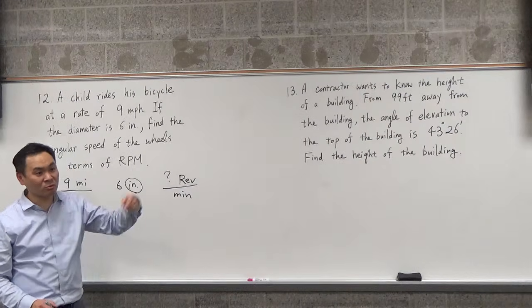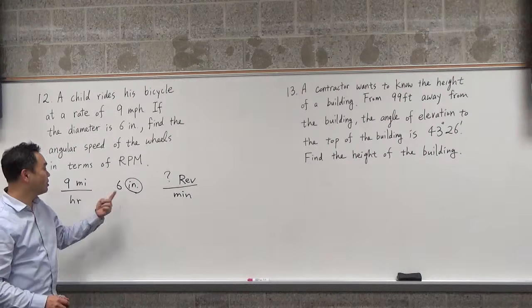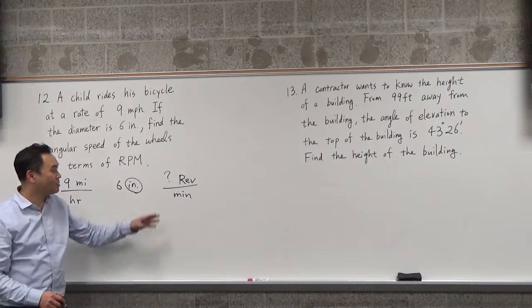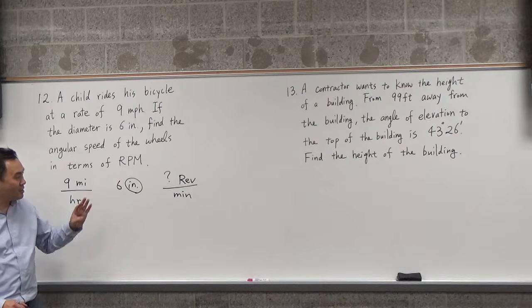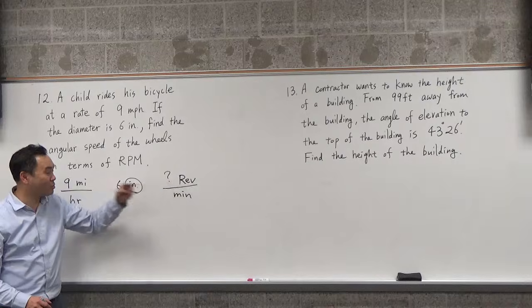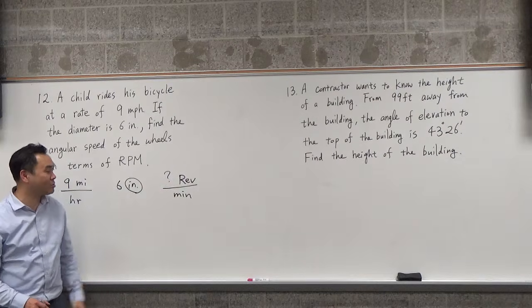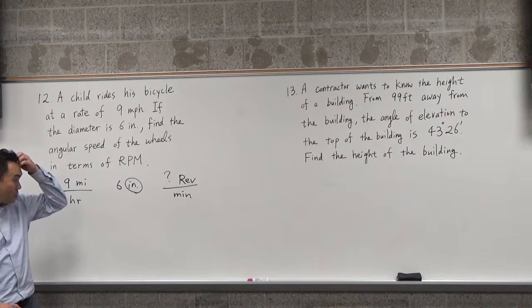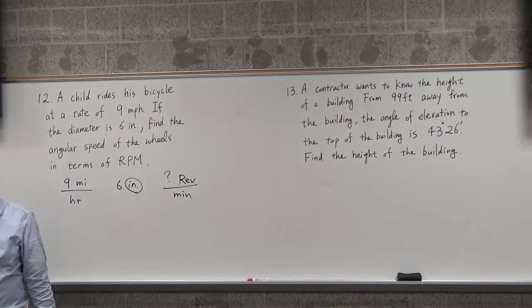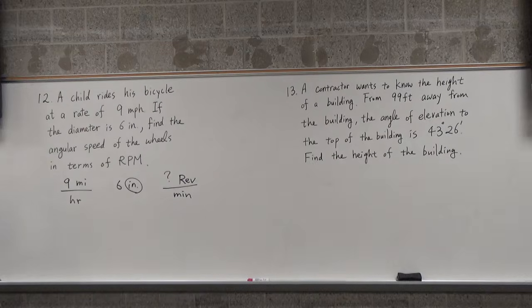Okay, 1 revolution, we want to convert it to the corresponding length. So that part is slightly not according to the original unit, but I'm just going to think of revolutions as length for this solution. And then minutes, that's the unit for the time, okay?